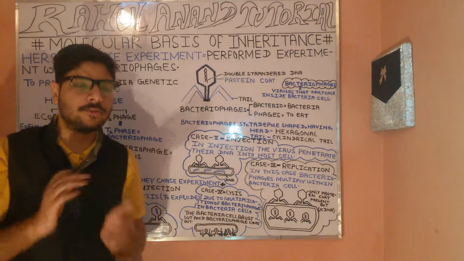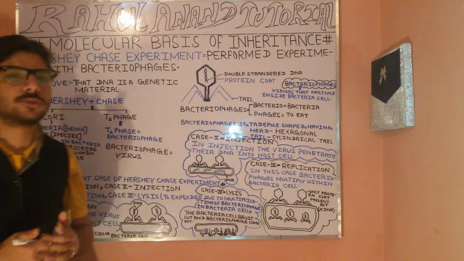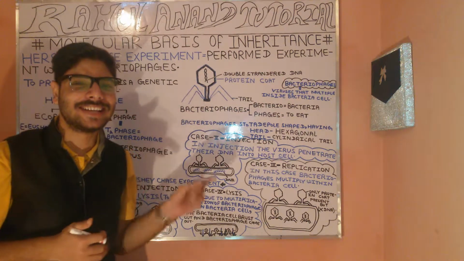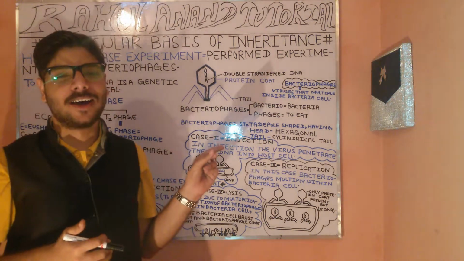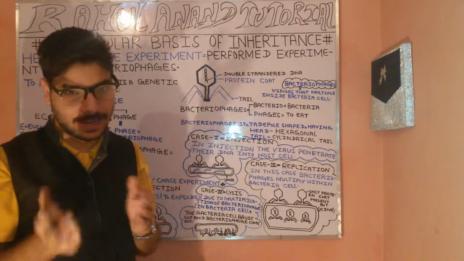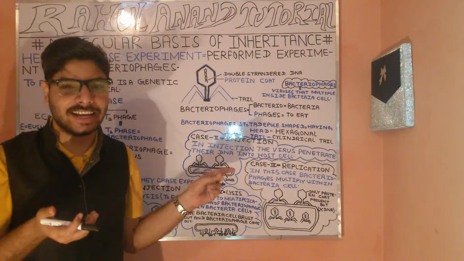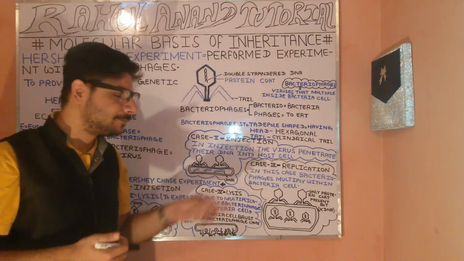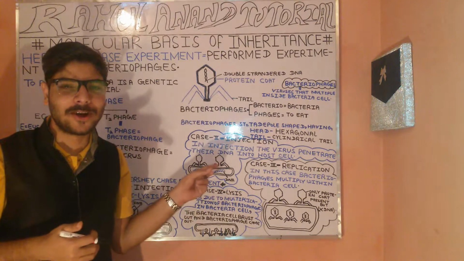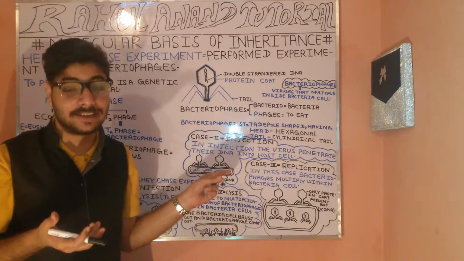Now, when we are talking about the second step, the injection, what will be happening? In the case of the injection, the bacteriophage will attach as well as penetrate its DNA into the host cell. What will occur in these cases?